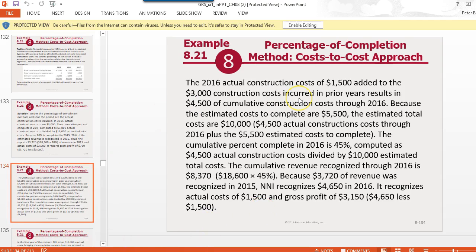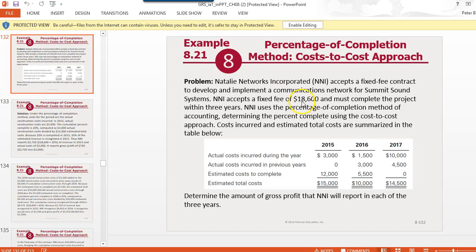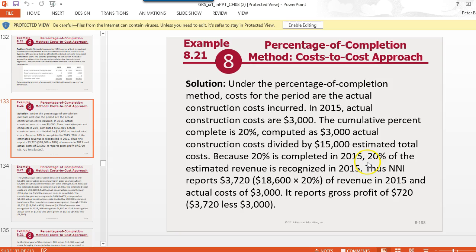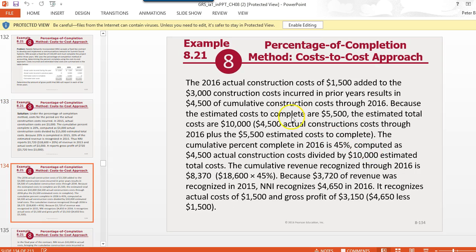The actual construction cost of 1,500 is added to 3,000 in the next year, which is right here. Actual cost were 1,500, but we had 3,000 from the prior year. So we're accumulating this all along. Last year was 3,000, now we incurred 1,500. So we now have $4,500 of actual costs cumulative for this project, through 2016.